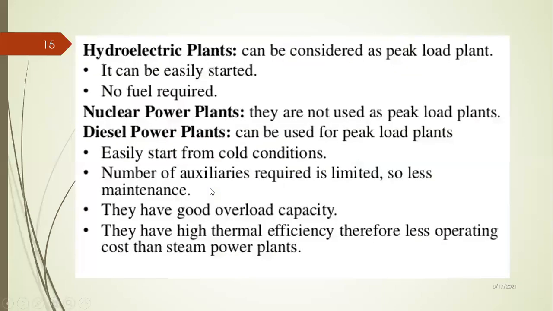So these are the topics that come under this first chapter, like introductions. Then the different organizations of power sector in India, then single line diagrams, then base load and peak load power plants. Under this first chapter, we have covered these 3-4 topics: the electrical energy sources, the first topic, and then the organization of power sector in India.